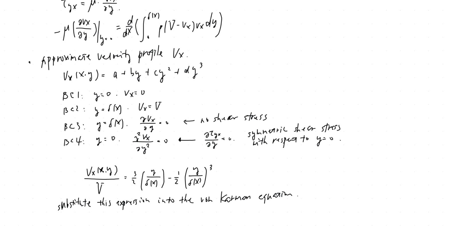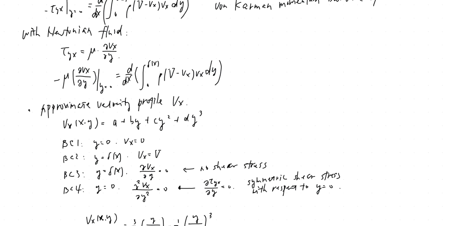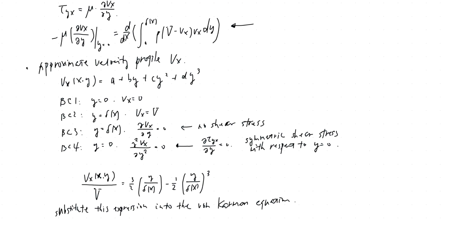So what are we going to do with the momentum balance? That's where we use it. We assume the profile of velocity, and we use boundary conditions to solve it. And then if we plug this back into this momentum equation, you can see we already have an expression for Vx as a function of y, although it contains delta, that's fine. Then you just plug in, and you will get an equation totally in delta x. That's how we solve for delta x.